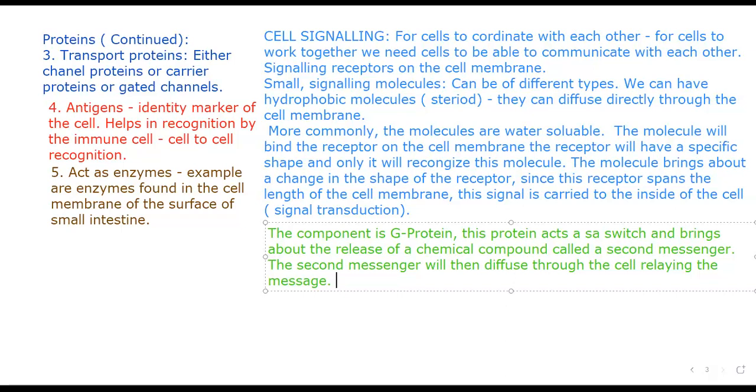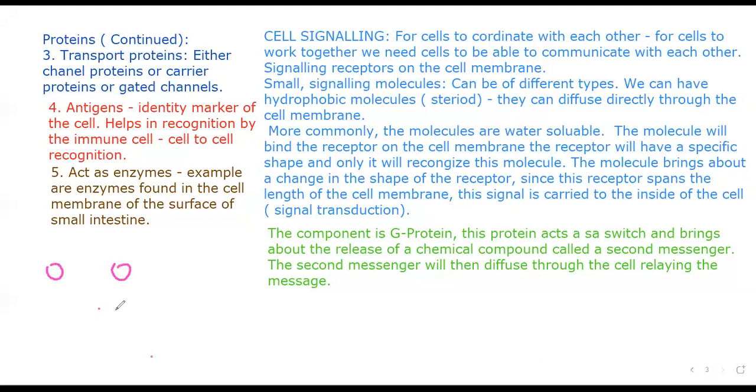So this is how the system works. And if I draw it for you, it looks like this. We have our phospholipids, right?